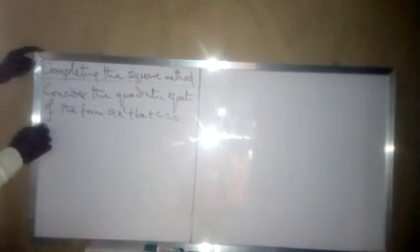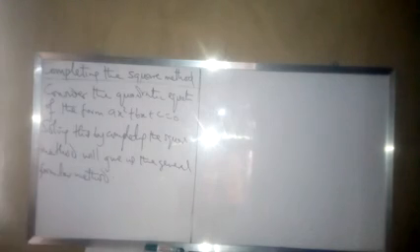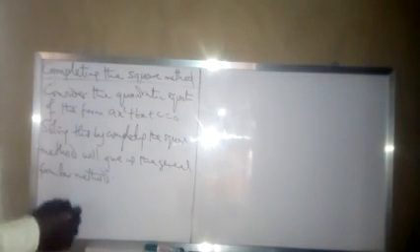If you solve this by the completing the square method, it will give us the general formula method. Let's see how it goes. Solving it by the complete square method will give us the general formula for solving a quadratic equation.